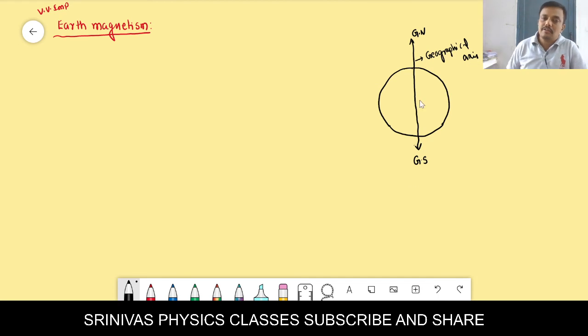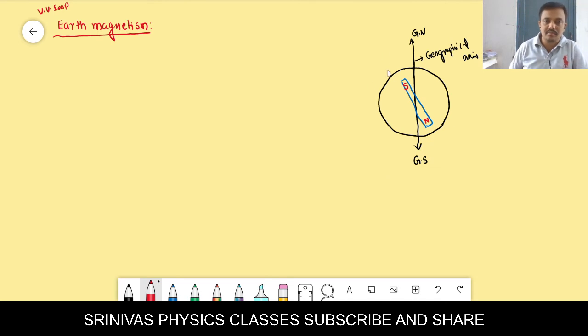If earth behaves like a magnet, then it will be like this. If the earth magnet is at a certain angle like this, the south pole of the earth magnet is towards the geographical north, and the north pole of the earth magnet is towards the geographical south.